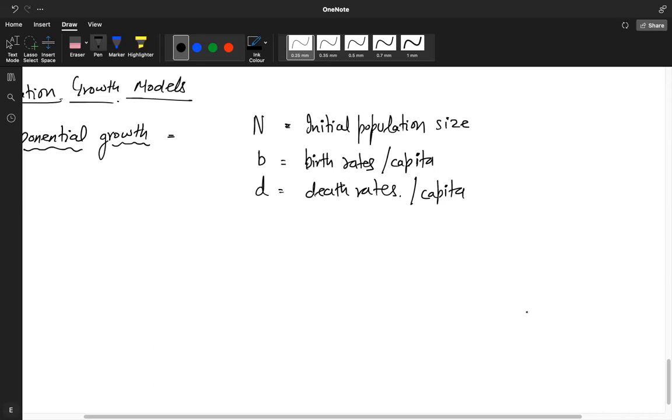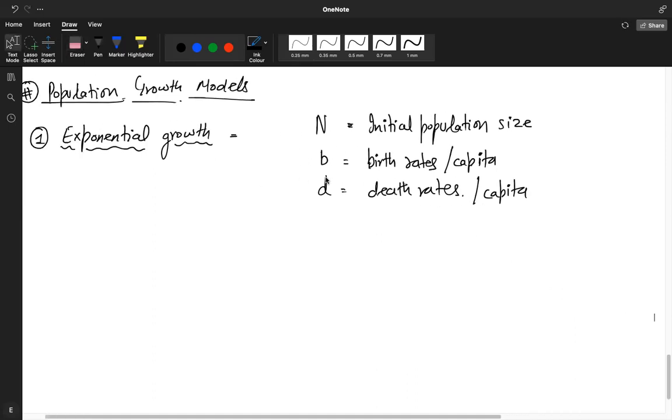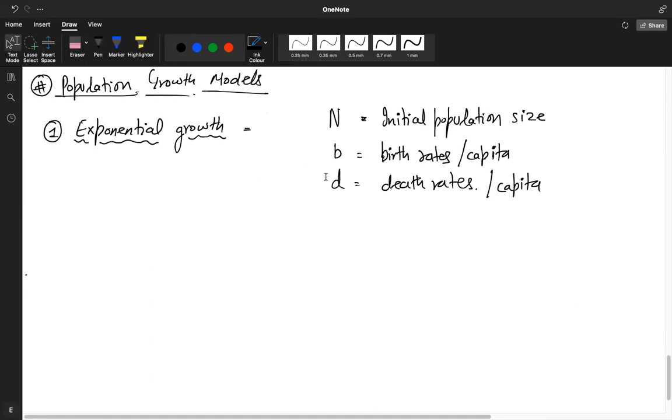So we call it per capita birth rate and per capita death rate. If I say that the birth rate per capita is 2, which means 2 individuals are added per 100 individuals in that population in the next generation. Is that clear, everyone? Can you repeat the last part, please? Yes, I can.